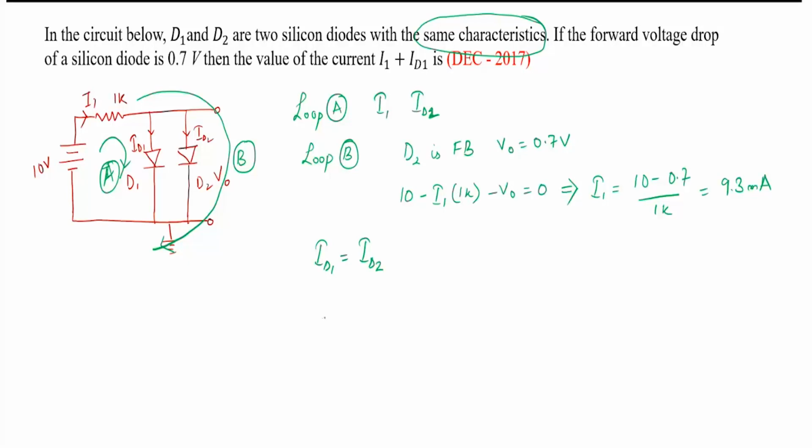Since ID1 and ID2 are equal, I1 plus ID1 I can write as I1 plus I1 by 2. Can I write it like this?